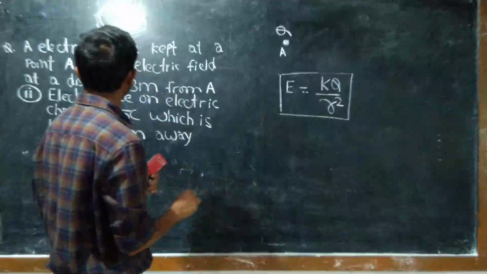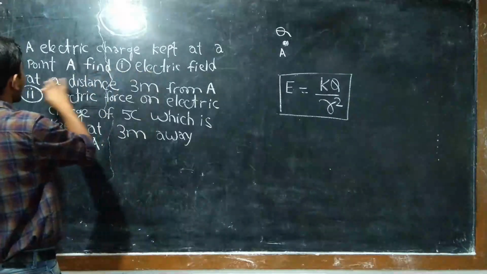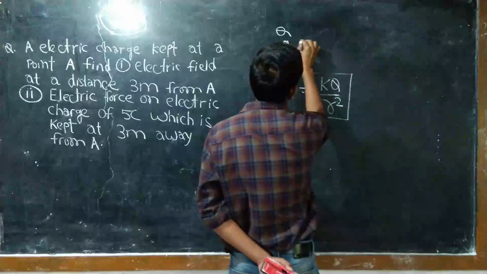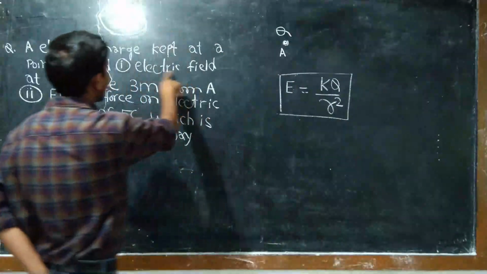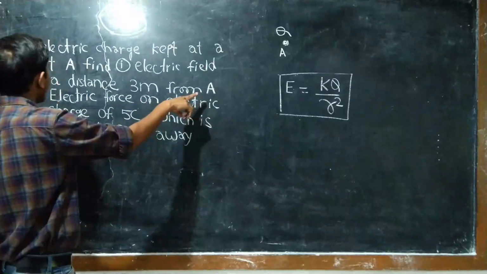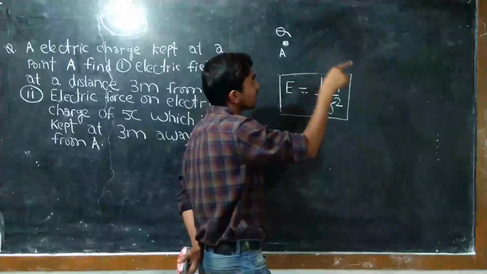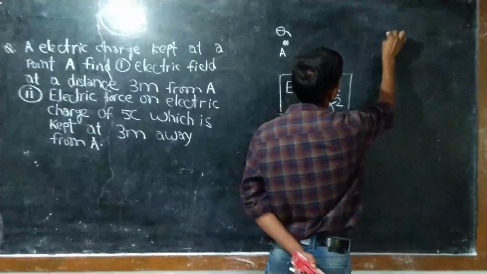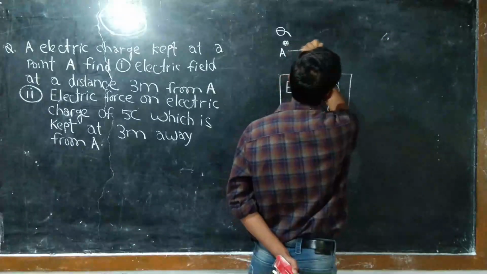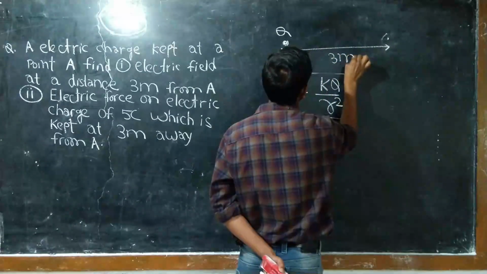First, we have to find the electric field at a distance 3 meter from A. We have to find the electric field at any point, suppose this is your point, and this point is located at 3 meter.